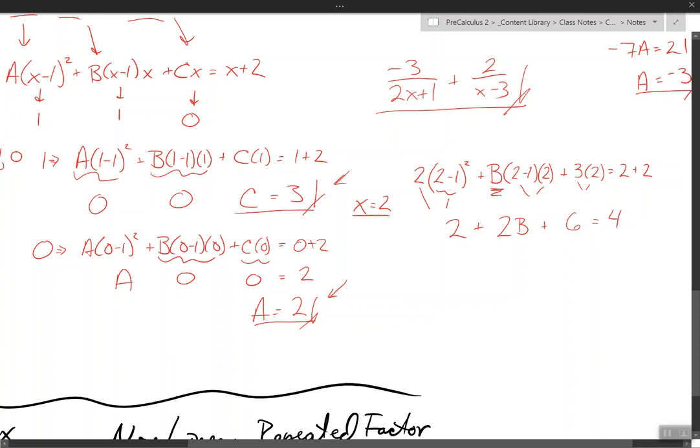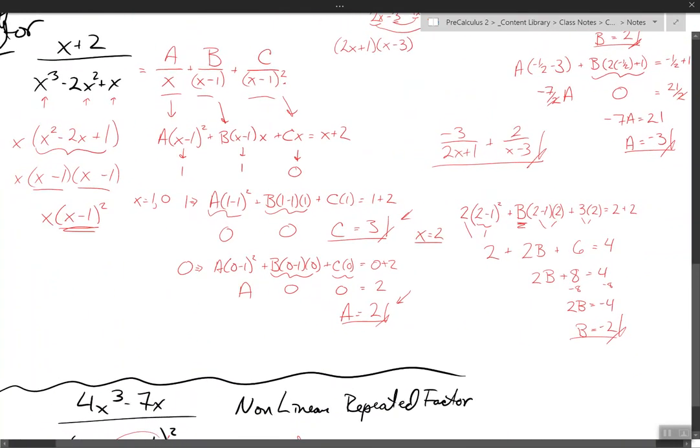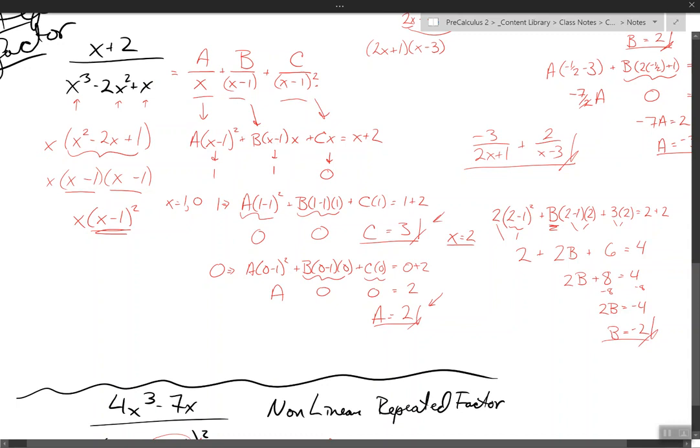All right, so we just finished solving with the algebra. We get 2b plus 8 equals 4. Subtract 8 from both sides. We get 2b is equal to negative 4. Then we finish by dividing, so b is negative 2. So there is our third solution. B is negative 2. So I'm going to move back to the left here, and we're going to plug all of that back in just to finish this out.